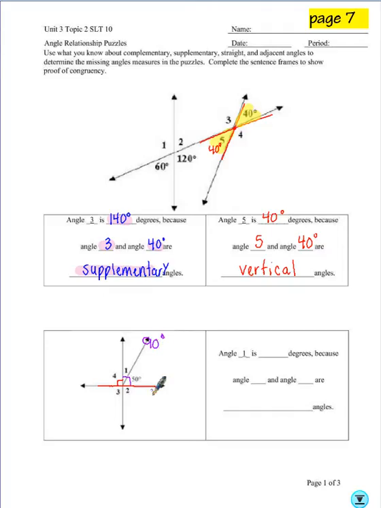That's complementary. So if I take 90, subtract the 50 here, I would know that angle 1 has to be 40 because that's the only number that can add with 50 to make 90. So angle 1 is 40 degrees. That's because angle 1 and the 50 degree angle are complementary.